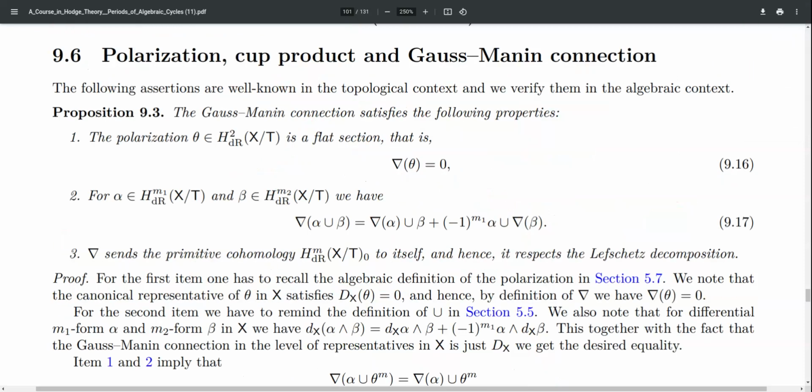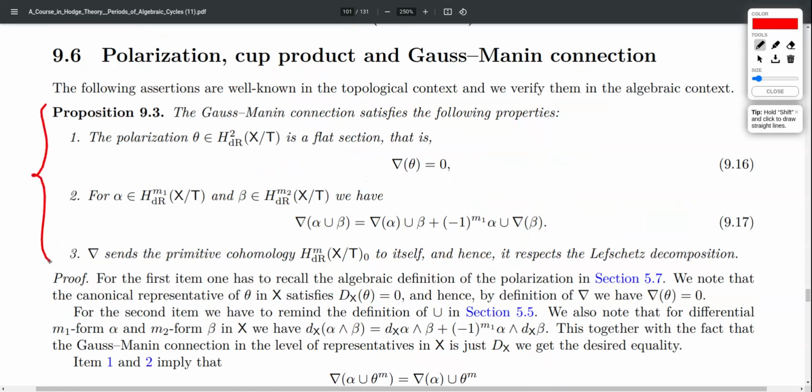A few other properties of the Gauss-Manin connection are scattered in this proposition. The polarization that we called theta is a flat section. This is natural. It's compatible with all our knowledge of the topological Gauss-Manin connection, because remember that the polarization was the cohomology class of the hyperplane section, and this is in singular cohomology with integer coefficients.